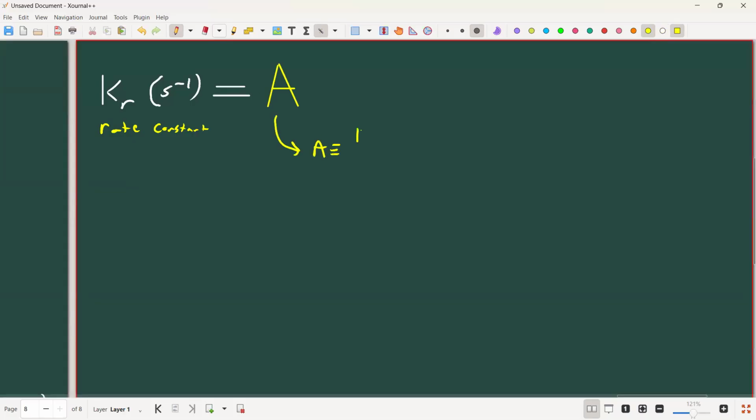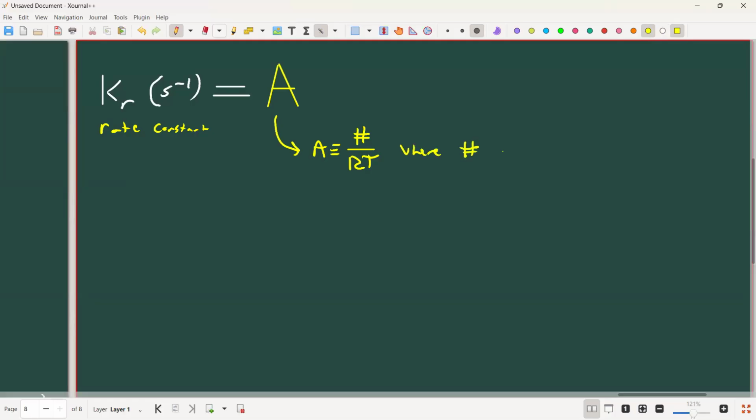So what we write then is that the rate constant, k_r, which has units of inverse seconds, that's our rate constant, which tells us how fast the system reacts per unit mole, is equal to some number A over RT, where A is the collision frequency or the reaction frequency.